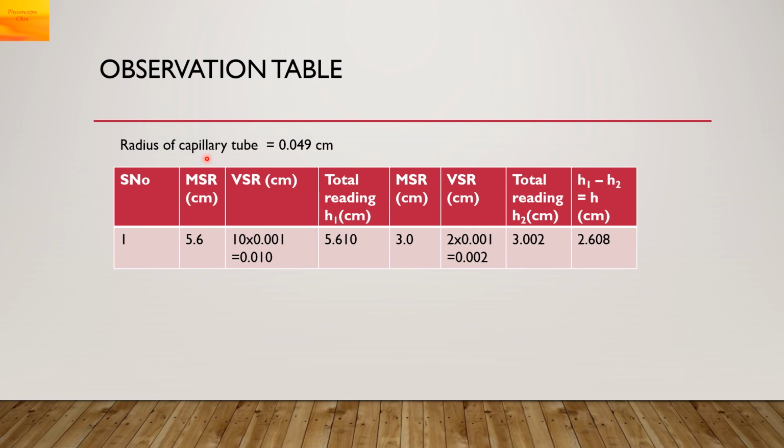The radius of the capillary tube will be given to you. Suppose it is 0.049 centimeters. We will take the reading of H1 and H2.